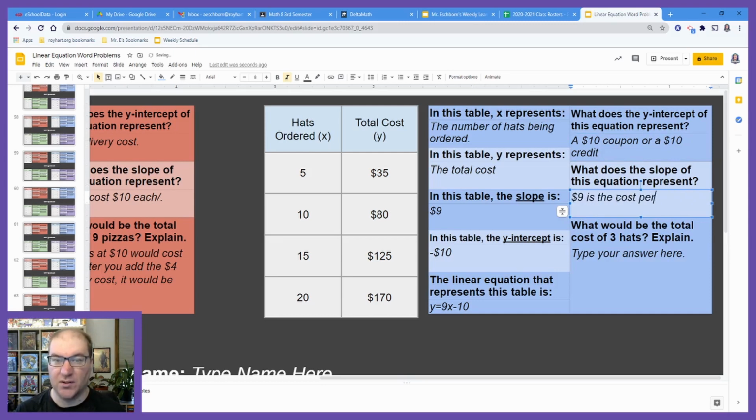That's the cost per hat. And how much would 3 hats cost? Well, 3 hats at $9 each would be $27. After the coupon, it would be $17. And that's the second example.